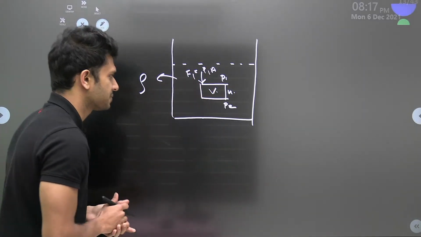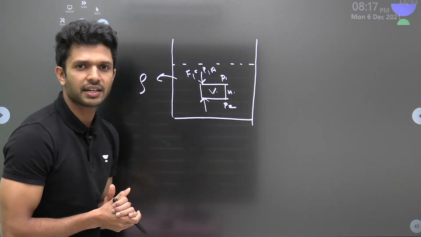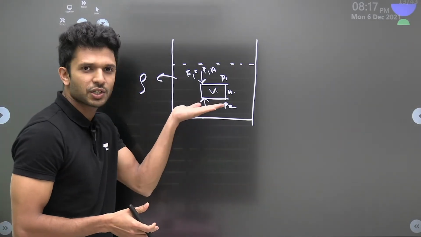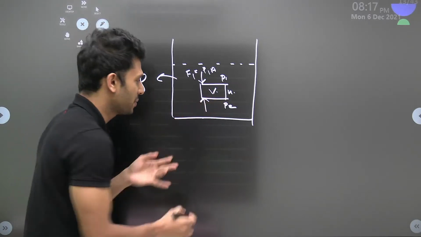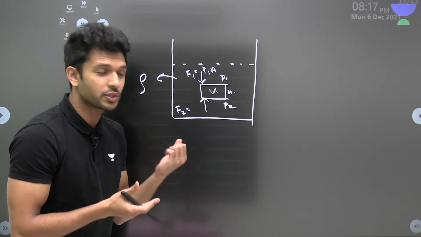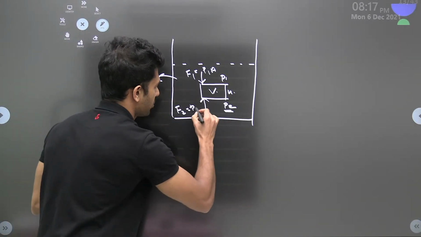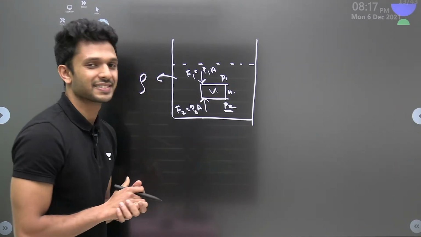Similarly, there will be a force acting at the bottom surface of this particular cube. Let's call it F2, acting in the upward direction. Force is equal to pressure at that point into area.